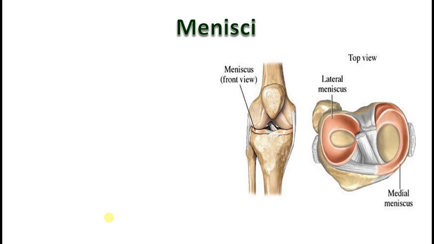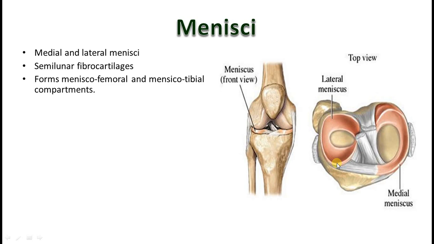If you look at the menisci, you are able to see two menisci here, intra-articular structures. They are also intracapsular, extra-synovial, and divide the joint cavity into two, the upper meniscofemoral and the lower meniscotibial compartment. It actually deepens to some extent the shallow articular area of the tibial condyles.